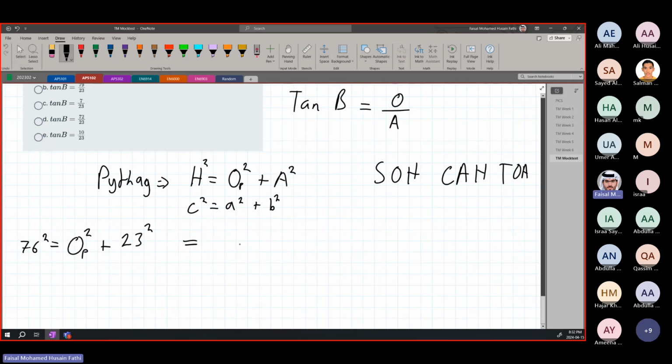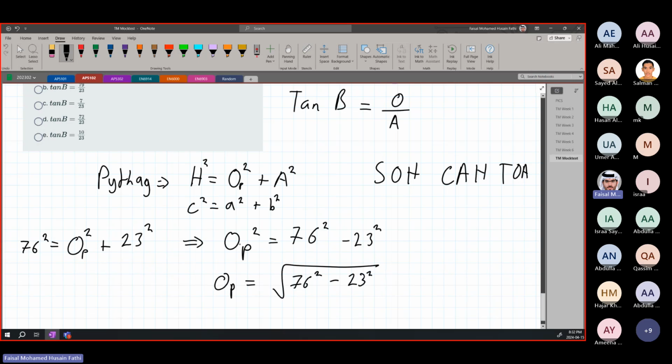How do we solve this now? We just take the 23 squared to the other side. We get opposite squared is equal to 76 squared minus 23 squared. So opposite is equal to the square root of 76 squared minus 23 squared. How did I get here? I just square rooted both sides, so the square root cancels with the square.